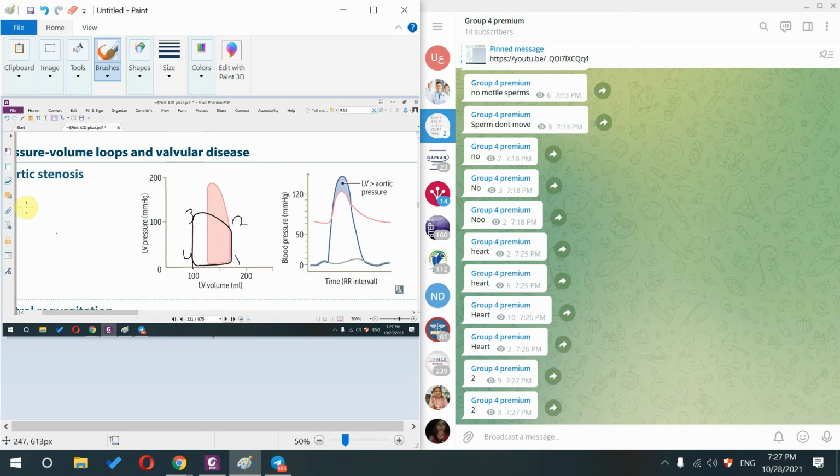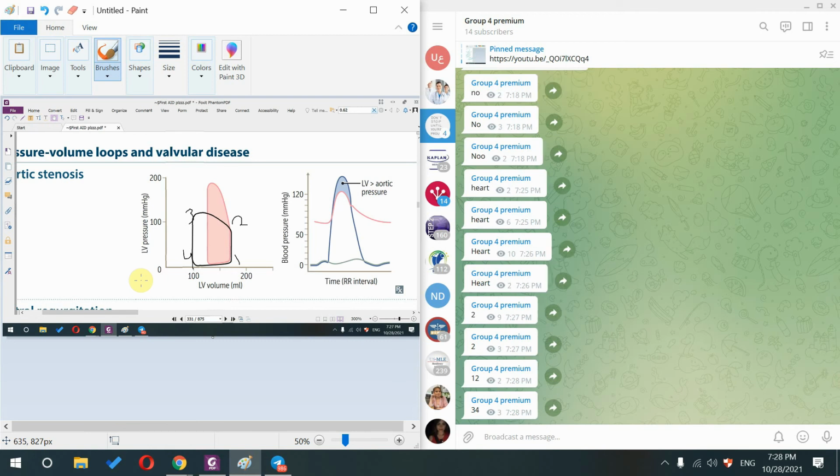Between which two of the numbers I draw here do we have isovolumetric phases, where all valves are closed? Between which two? Yes, between 1 and 2 and also 3 and 4. Excellent.